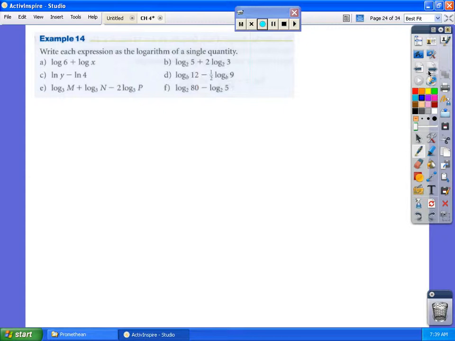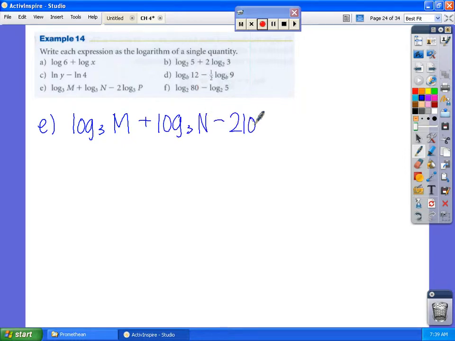Single quantities. So let's do letter E. Log base 3 of m plus log base 3 of n minus 2 log base 3 of p. First thing I'm going to do is move the 2 up here as an exponent, and then I'm going to rewrite everything else so I show my steps.